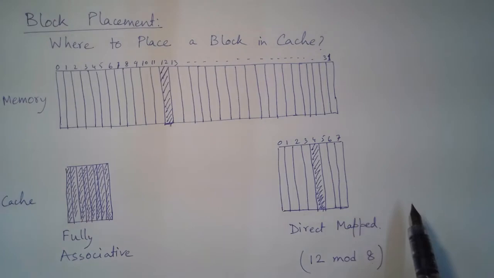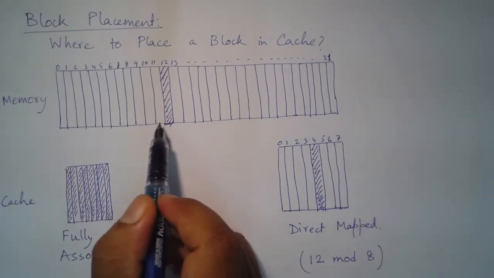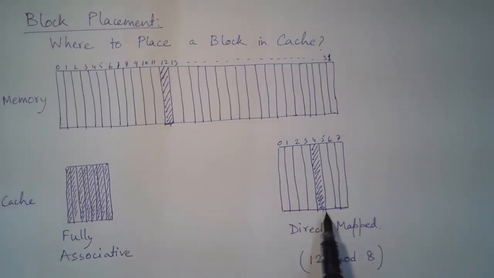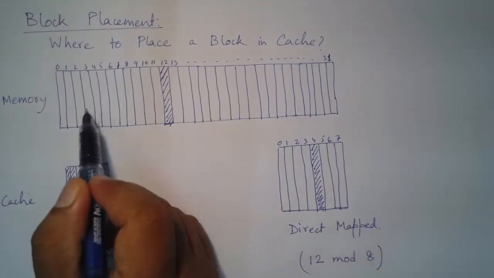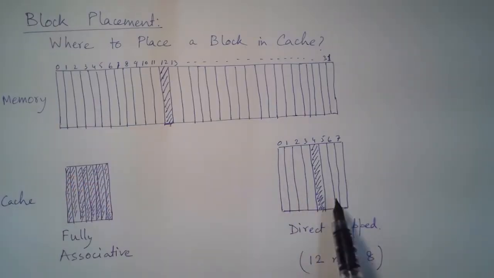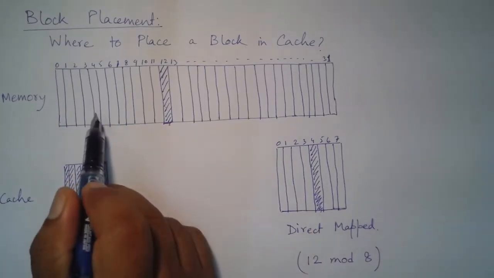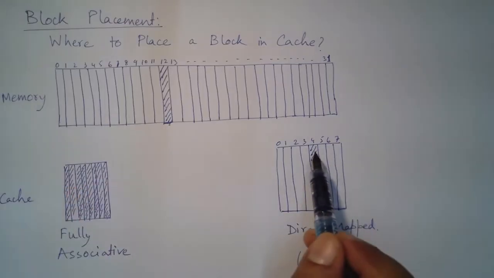Now, here you see that since several blocks can be destined to this same block in the cache, you might have a situation where you want to place block number 4 into your cache. Then also you will see that block number 4 is directly mapped into this location.